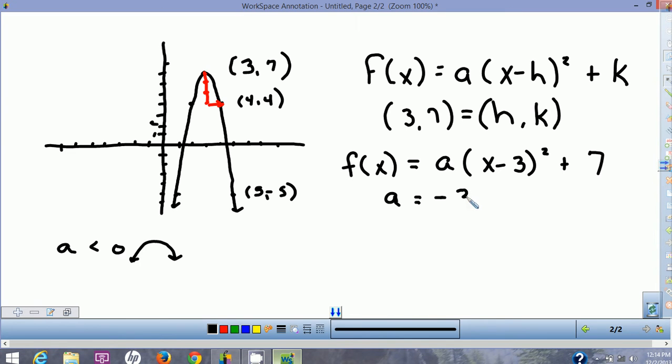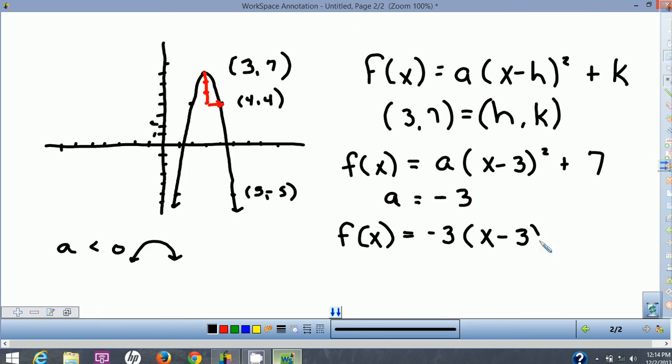So a is equal to -3. So I now know the equation of my function in vertex form given my graph. It's f(x) is equal to -3(x minus 3) squared plus 7.